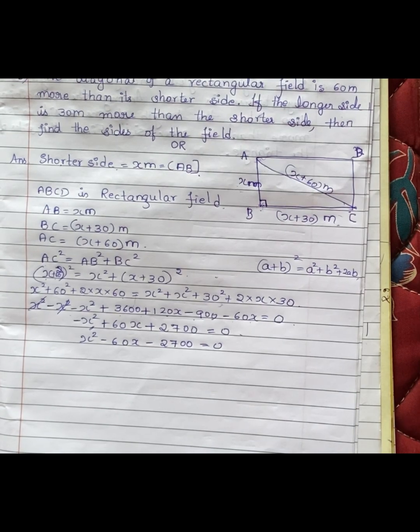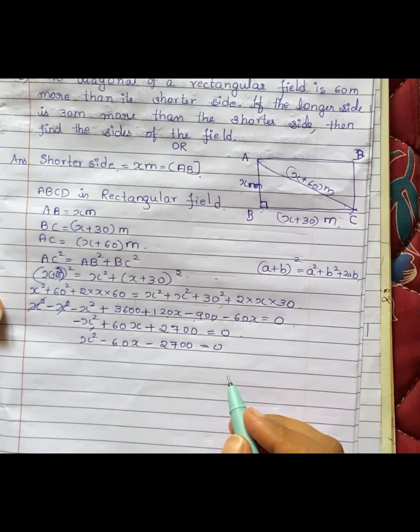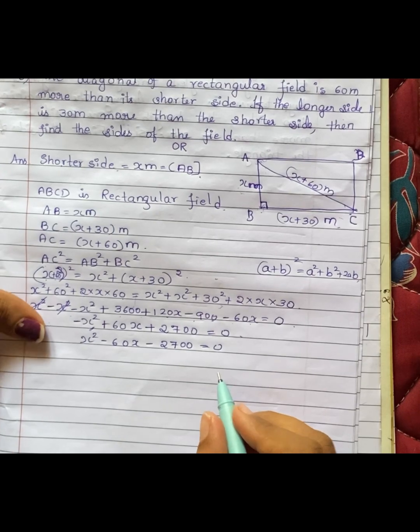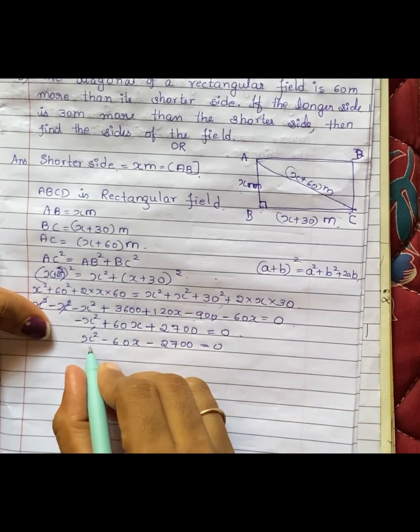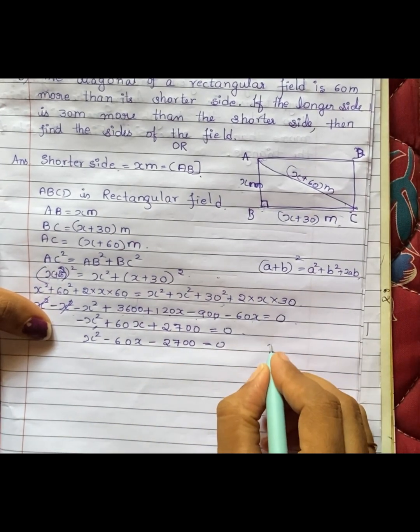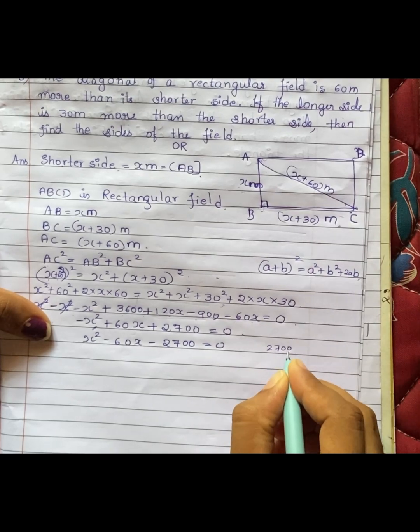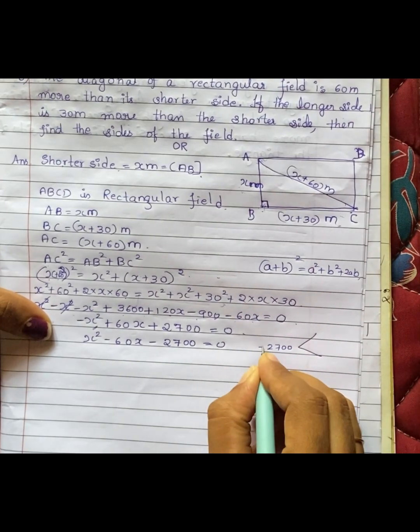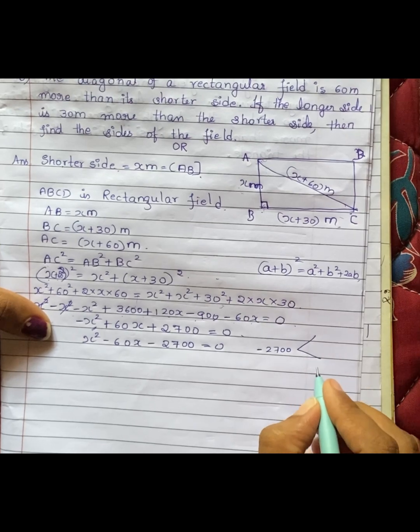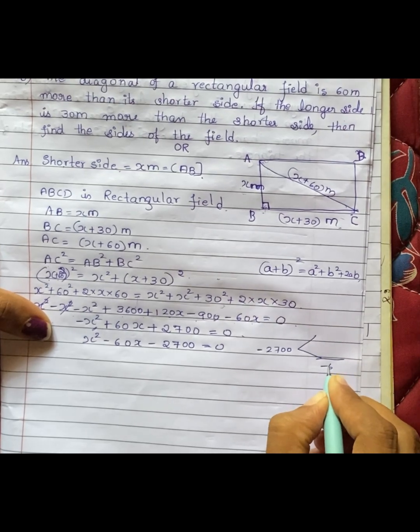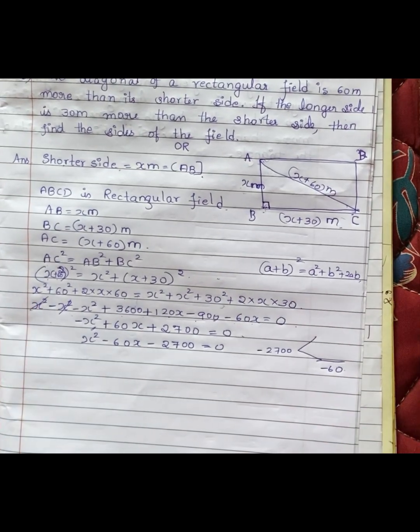Now what I'll do is use the method where the two numbers should multiply to minus 2700 and add to minus 60. We need to find those two numbers.